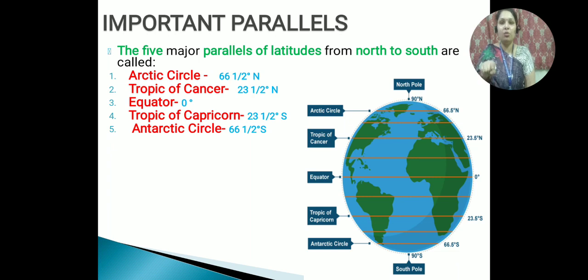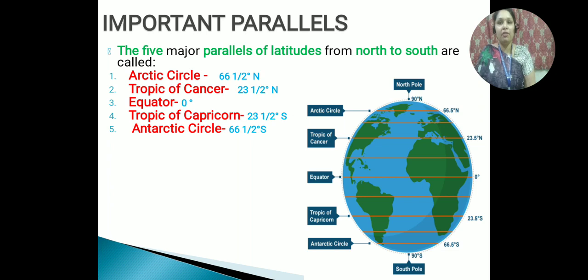The north pole is 90 degree north and the south pole is 90 degree south. But there are 5 more important lines of latitude, which run from north to south.